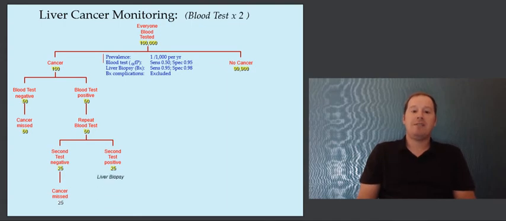Of the people who have the second test positive, we're going to do liver biopsies in this population. And so remember, now the sensitivity is 0.95 and the specificity is 0.98 for the liver biopsy test. That means we're going to miss one cancer because it's an accurate test. So one cancer will get missed even after a liver biopsy was done.